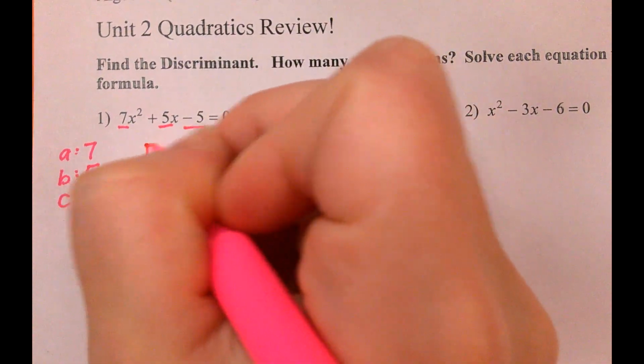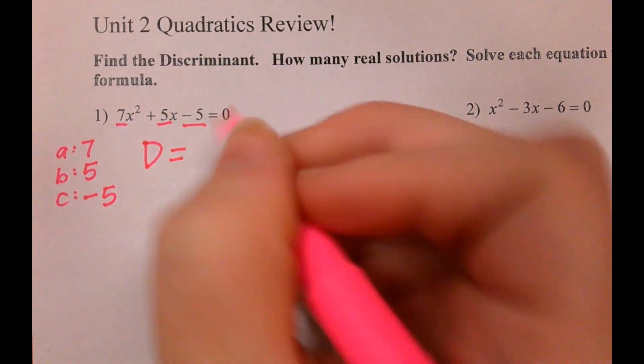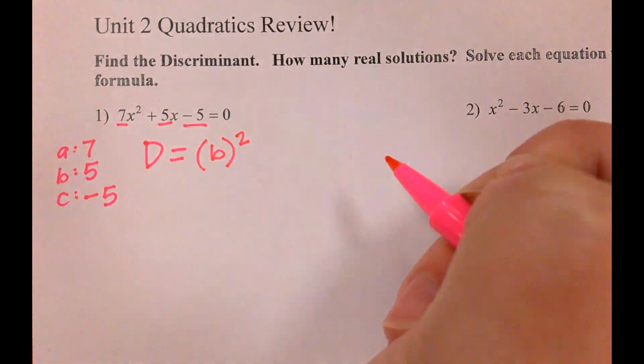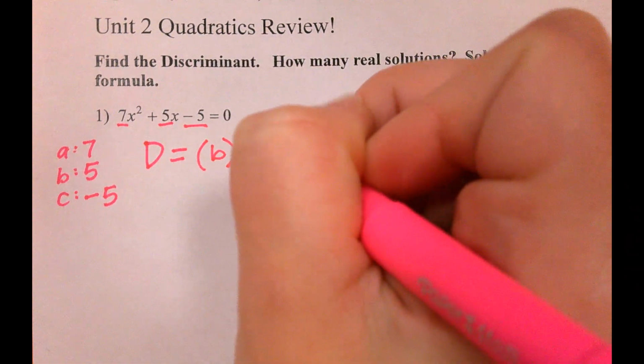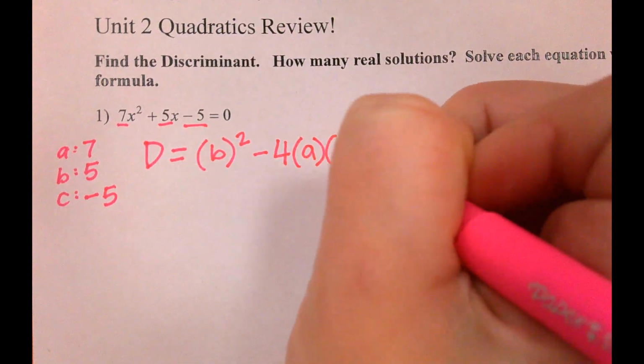I'm going to write that formula for you, in case we forgot. Discriminant equals B squared minus 4, plugging in A, plugging in C.